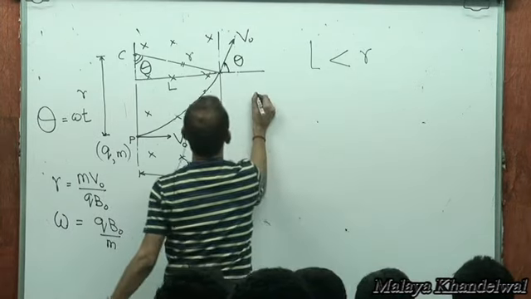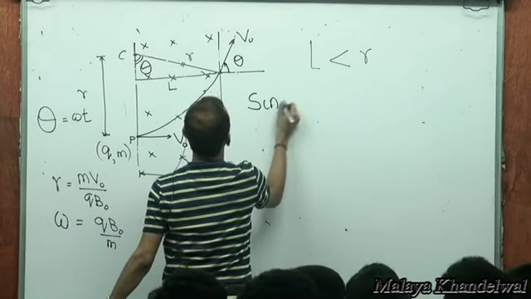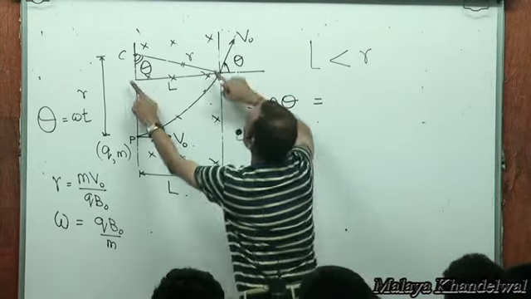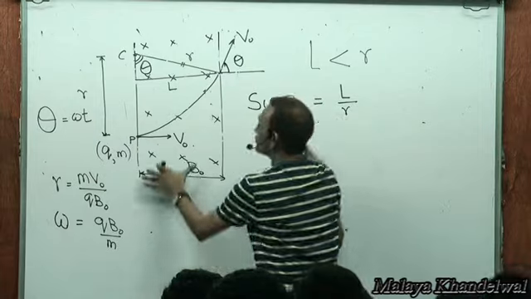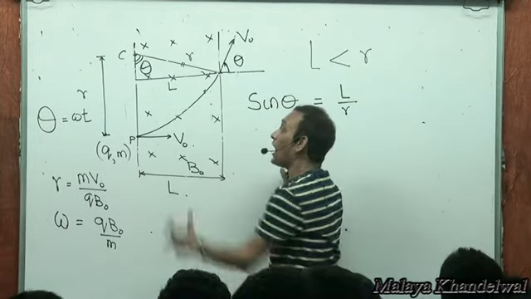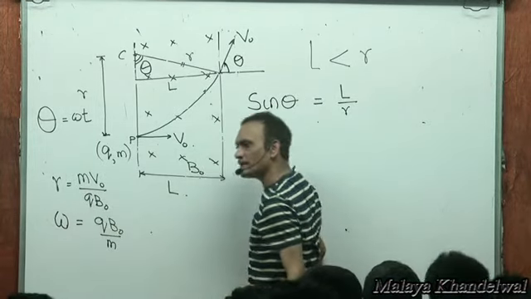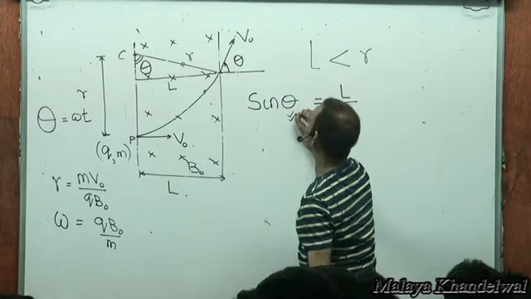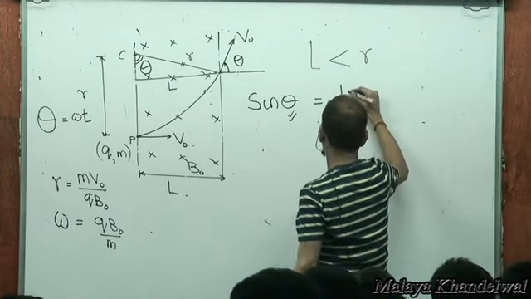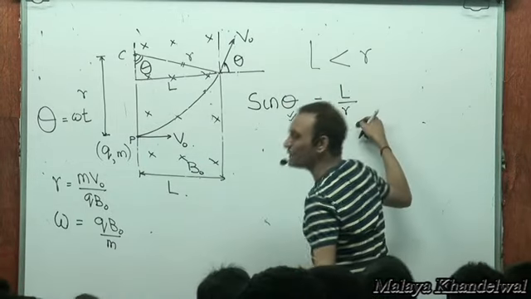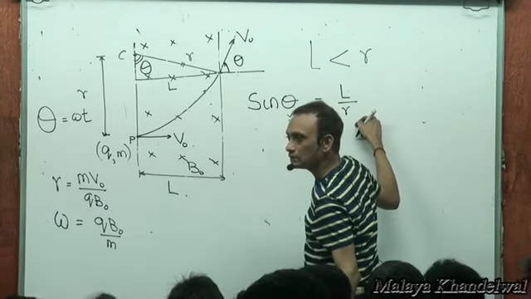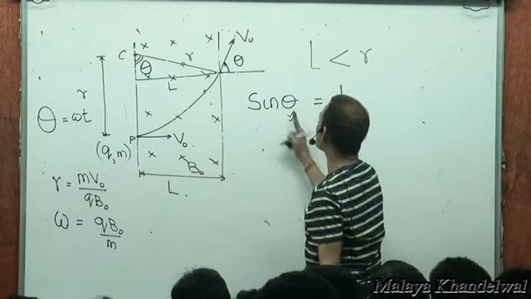How does one obtain theta? Theta is obtained as sine theta equal to L by R, where L, the width of the strip, is known, and R can be computed from these considerations, so the angle of deviation is known. Obviously for it to exit in this region, L must be less than R, right? So theta can be computed.